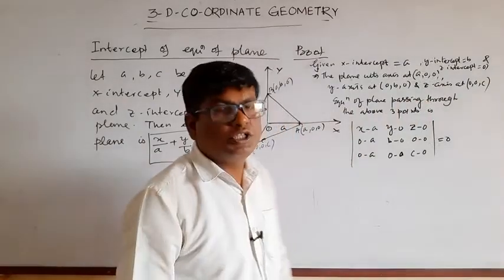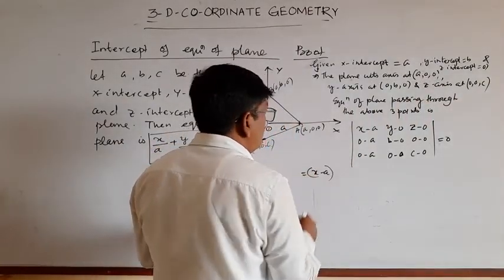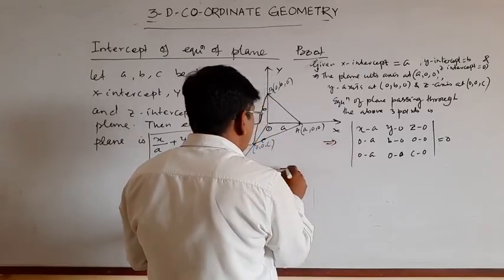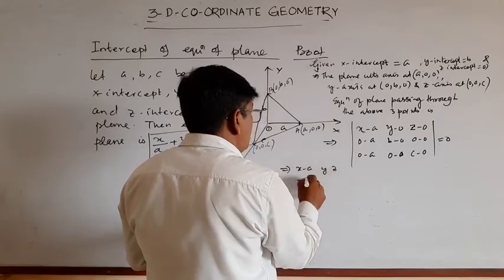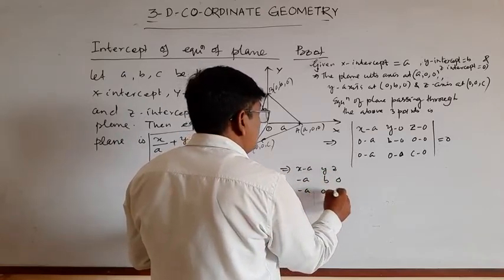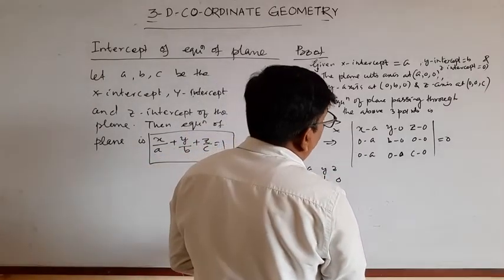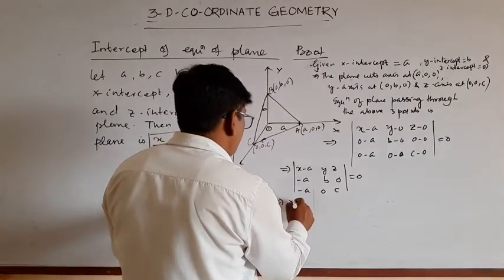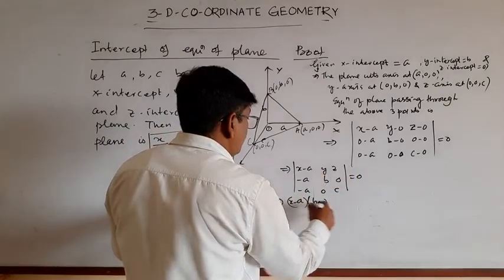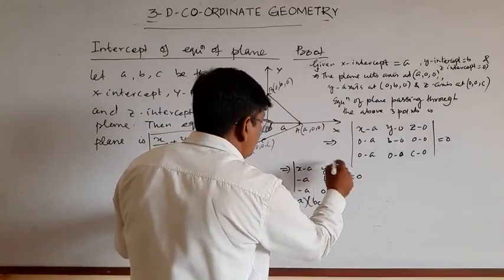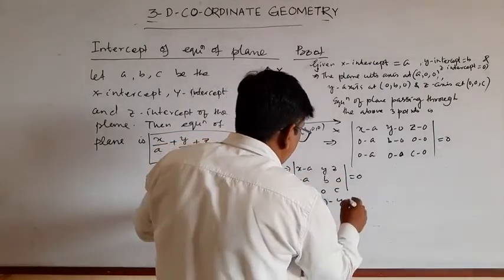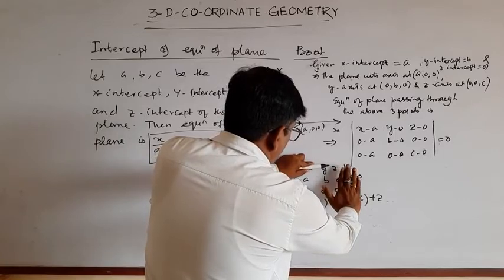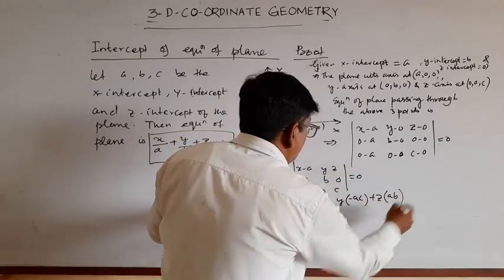Now simplify this. Expanding: x minus a into bc, minus y into minus ac, plus z into ab, is equal to 0.